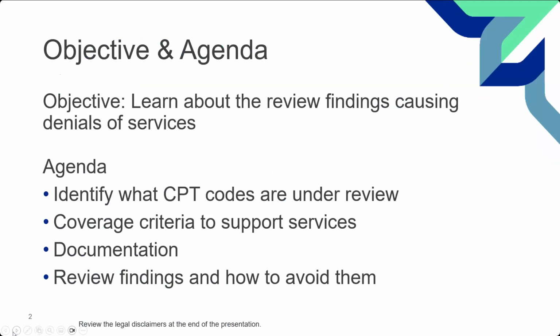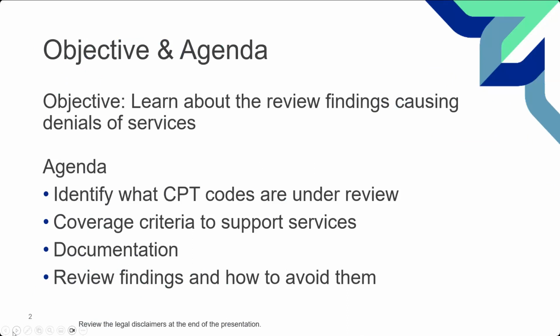My overall objective for today is that you learn about the findings in the Targeted Probe and Educate reviews that we're currently conducting on CT scans of the abdomen and pelvis and what's causing those denials. If you can learn what's causing them, you can help avoid the denials in your facility.